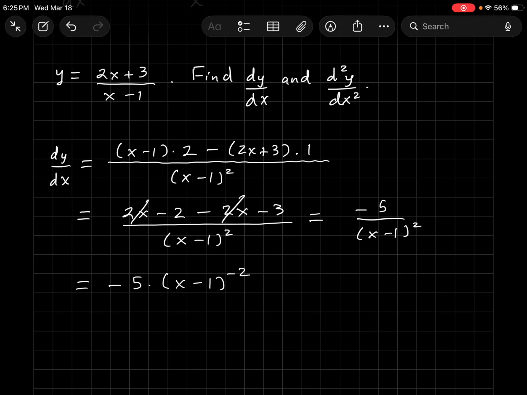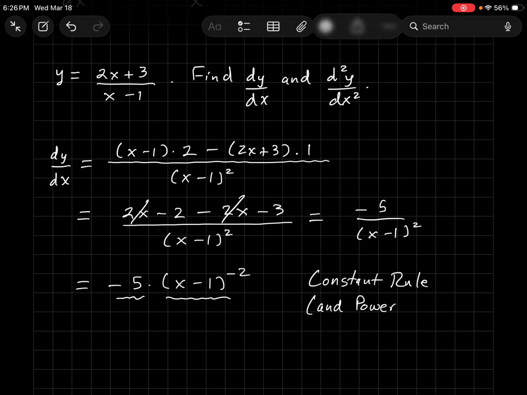So instead of doing a quotient rule, and instead of doing a product rule, I have a number that is a constant times my function. So we're going to use the constant rule here, along with the power rule. That'll be the easiest way in this problem to find the second derivative.